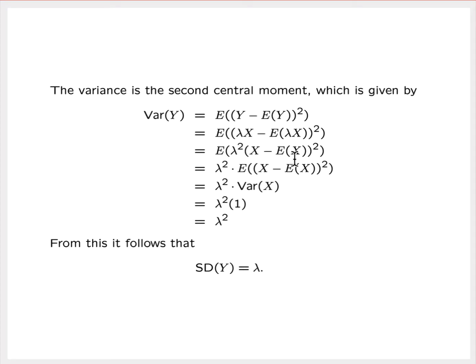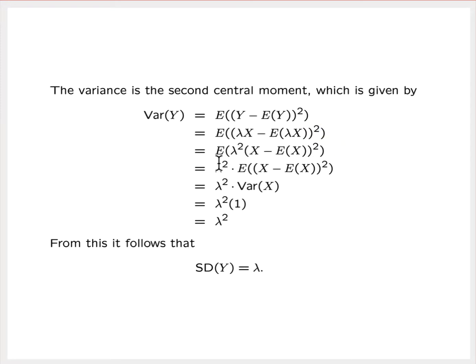And we have just shown that the expected value of y is equal to lambda times the expected value of x. I've left out a step or two, but I can factor the lambda out of this difference. But when I do, I have to square it because we're squaring that difference.